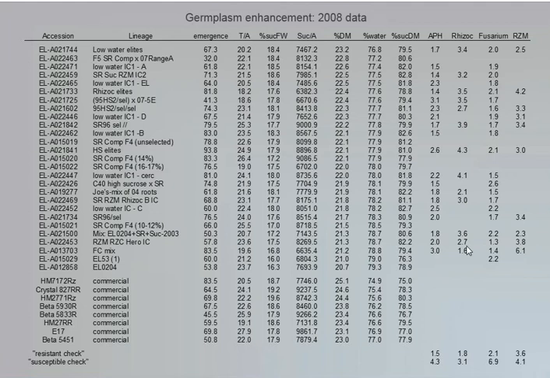We're seeing Rhizoctonia come on stronger, so you can see the susceptible check here. But there's not too many of these in our breeding program that are lower than that susceptible check. So that tells us we have some work to do there.